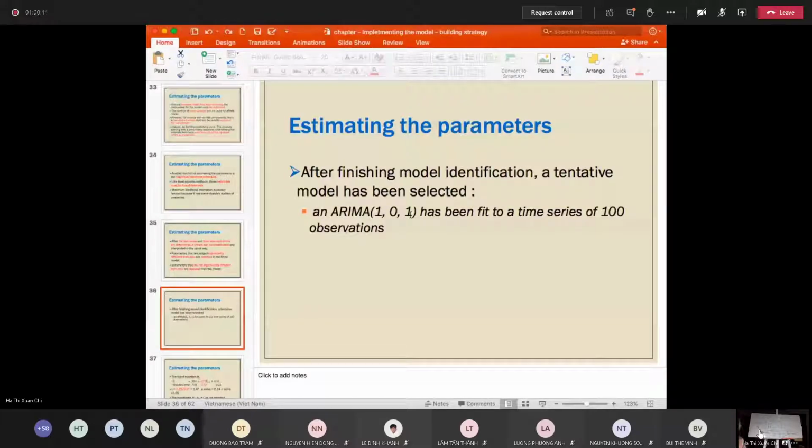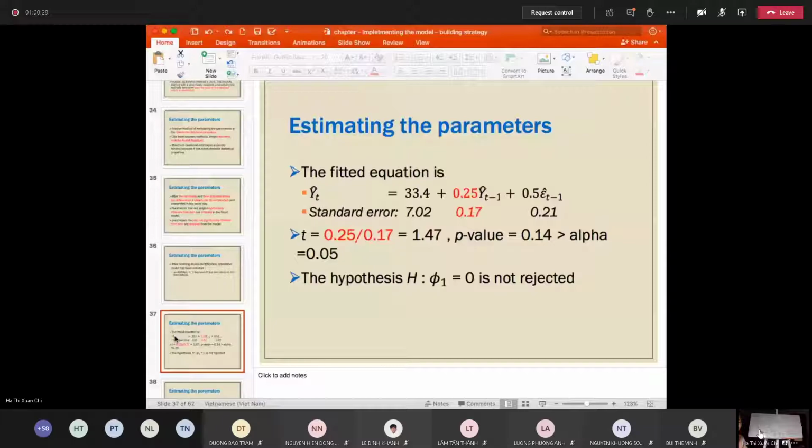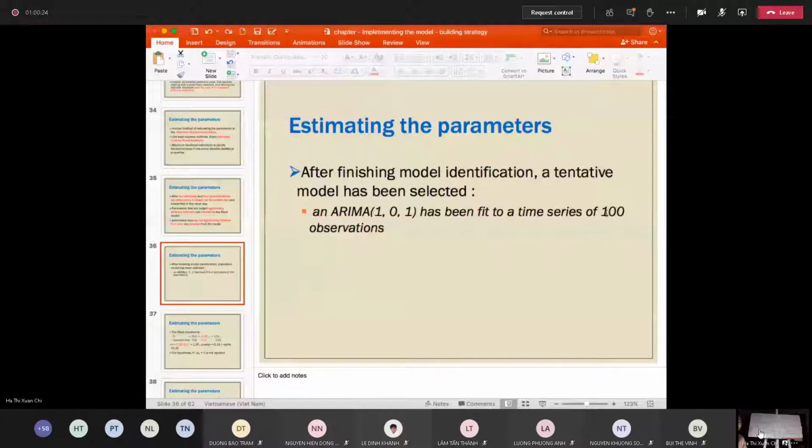So that is the tentative model. Assume that we have 100 observations.